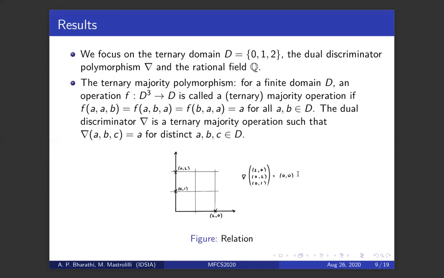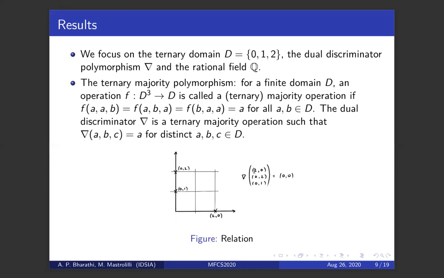We choose to study those combinatorial ideals that come from a language gamma, such that the dual discriminator is a polymorphism of gamma. For example, we have a relation that is a subset of D squared that has 3 tuples as shown. We apply nabla, or the dual discriminator, on these 3 tuples coordinate-wise, taking 2, 0 first.